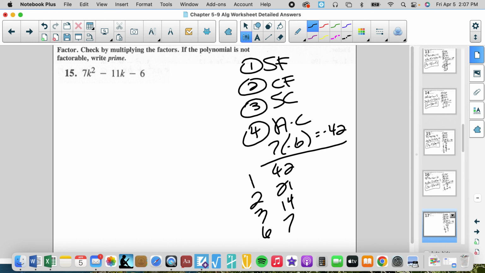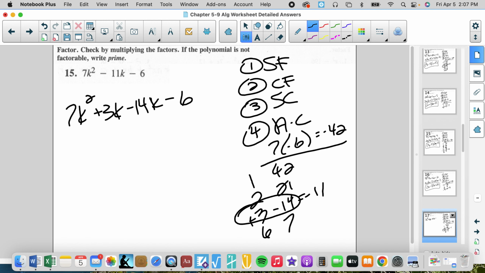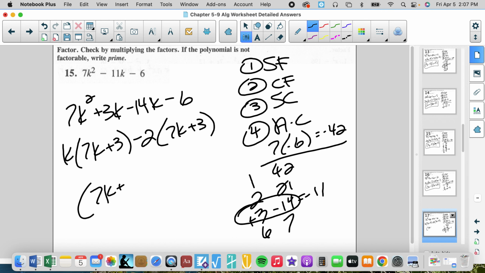Negative 11, that's negative 11. 7k squared plus 3k minus 14k minus 6. We're going to factor out a k, 7k plus 3. We're going to factor out a negative 2, and that gives us 7k plus 3. 7k plus 3, k minus 2.